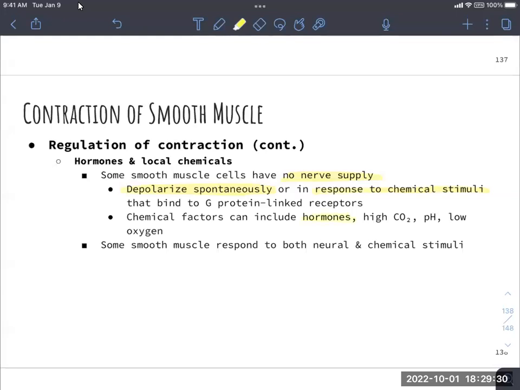Our hormones do all kinds of things. If we have too high carbon dioxide in our body, a change in pH, or not enough oxygen, that can cause smooth muscle to contract or not contract. Some of our smooth muscles can respond to both neural and chemical stimuli.